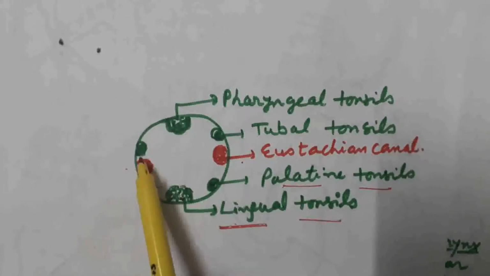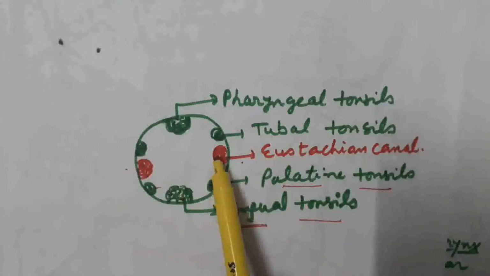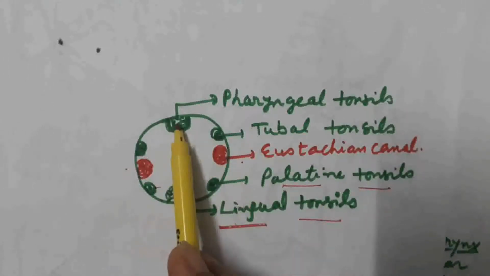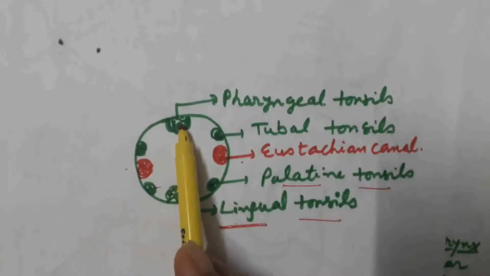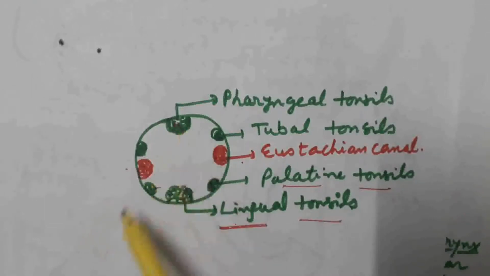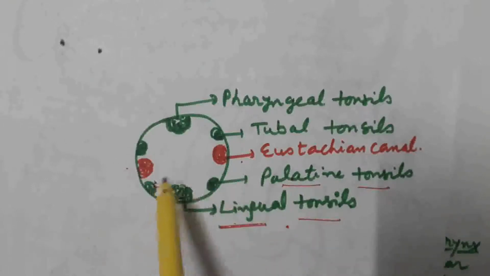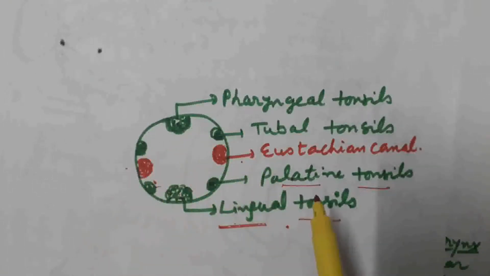Another tonsils, again a paired one, are known as the tubal tonsils. And one more, pharyngeal tonsils, is present here. So there are 4 types of tonsils. Paired tonsils are palatine tonsils and tubal tonsils. Pharyngeal tonsil and lingual tonsils are present in the form of one patch.